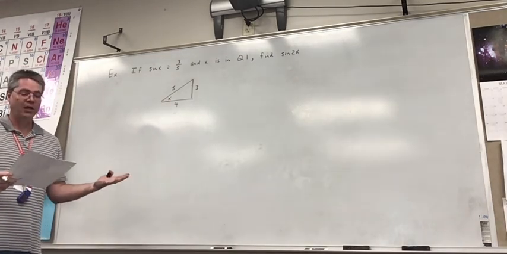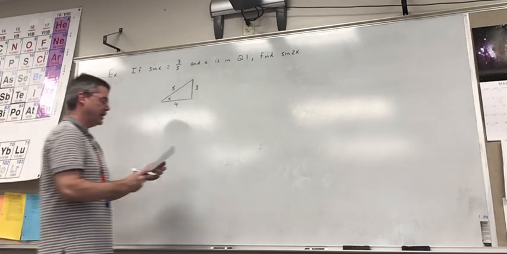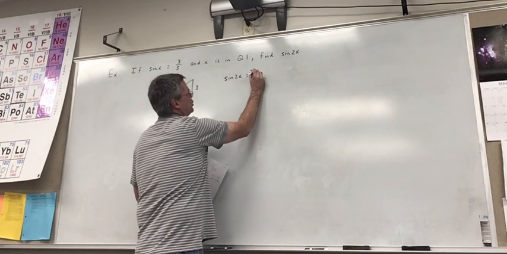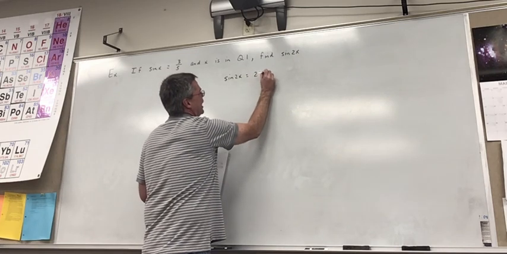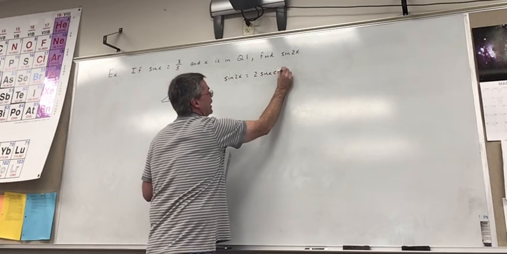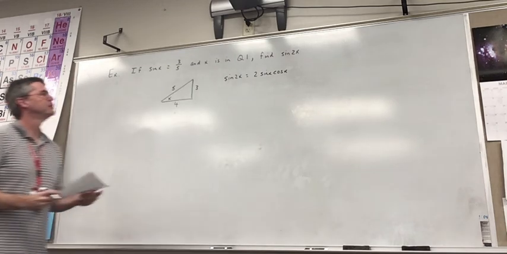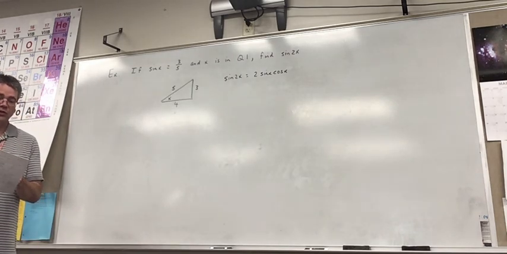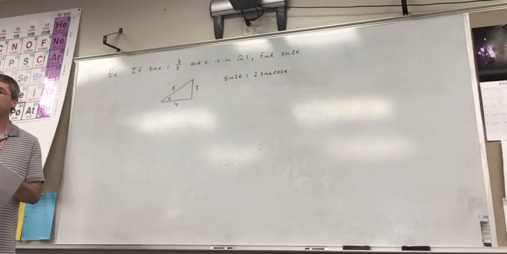So our formula, the sine 2x formula, is sine 2x is equal to 2 times sine x times cosine x. Okay, so the very first formula on the double angle sheet.